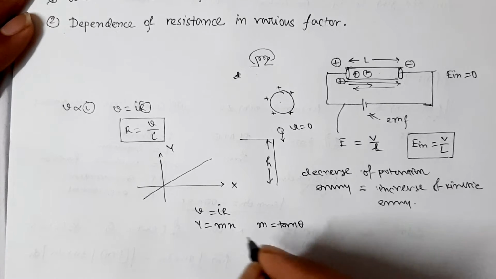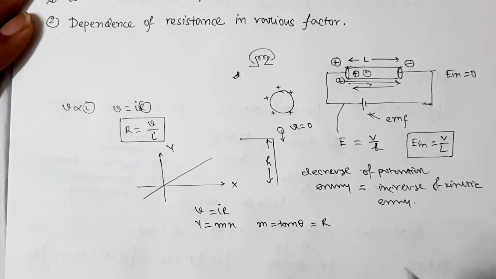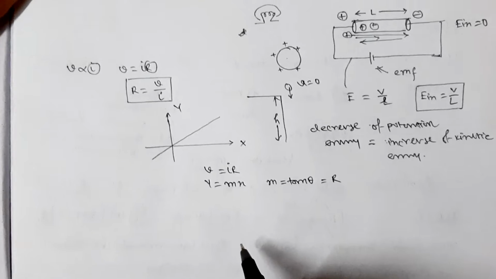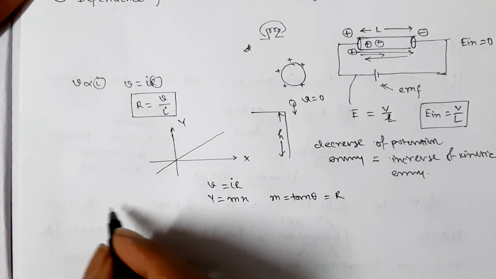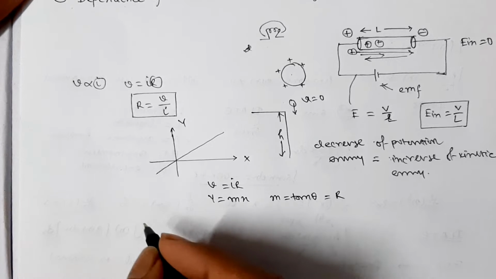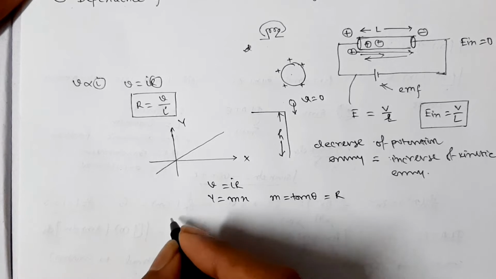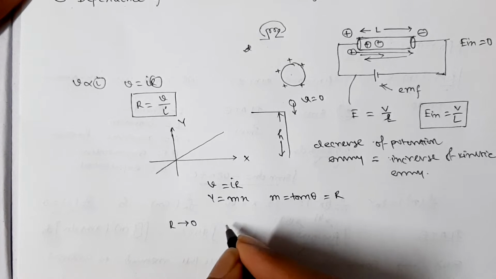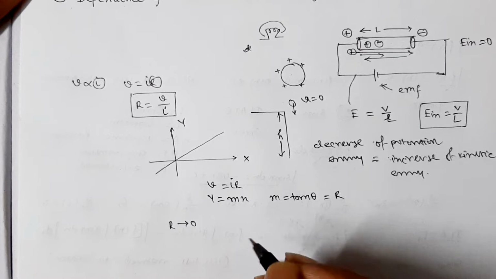Here it is R. Everything in the universe is not perfect, so there is no perfect conductor and no perfect insulator. For a perfect conductor, R tends to 0, meaning there is no resistance in the wire.